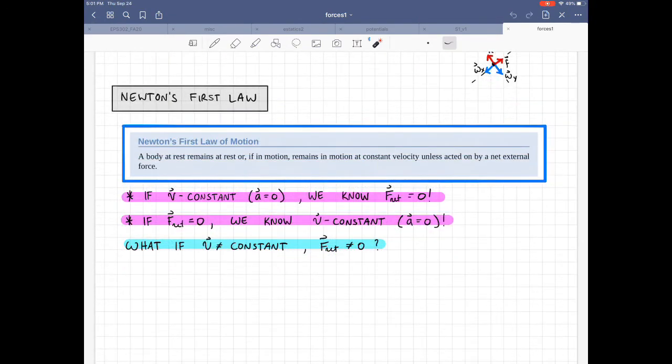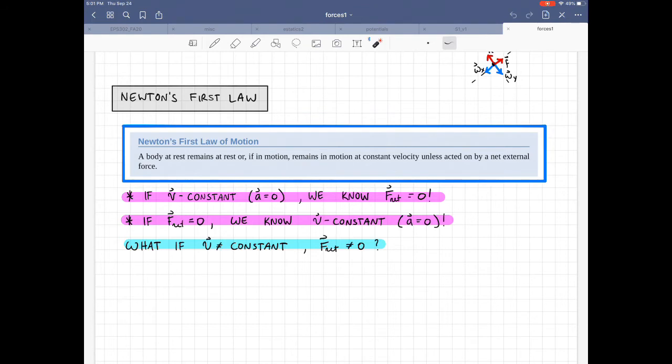Okay, with all of that background, we're actually ready to start to think about Newton's laws. So we've got three laws that essentially allow us to analyze and characterize the forces that an object might be exposed to, and then the accelerations that the object might experience.